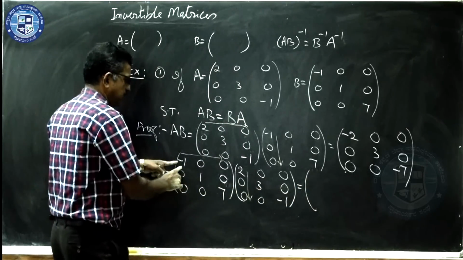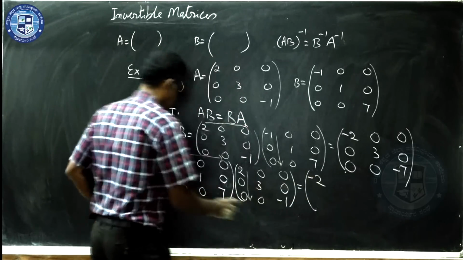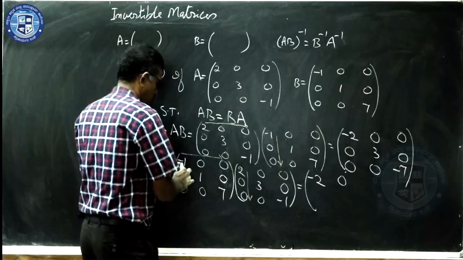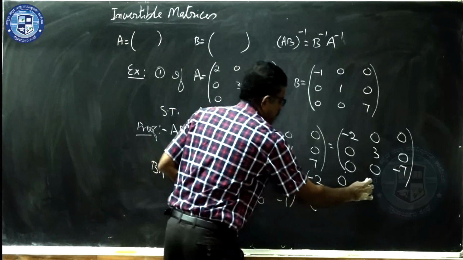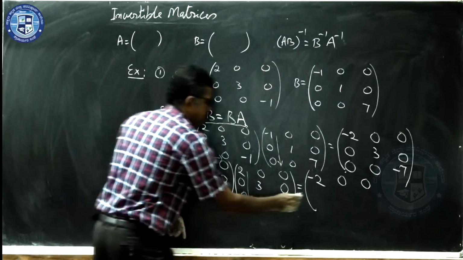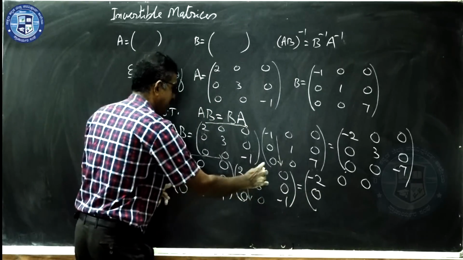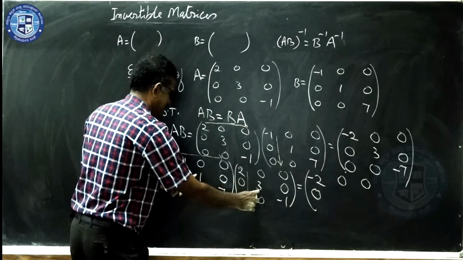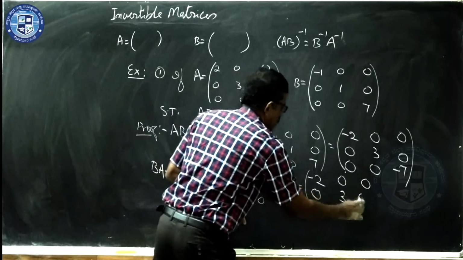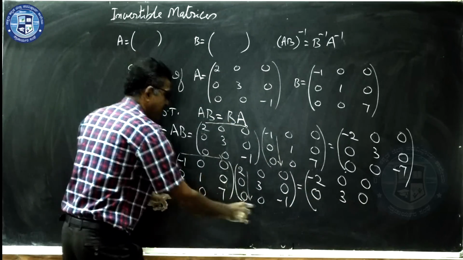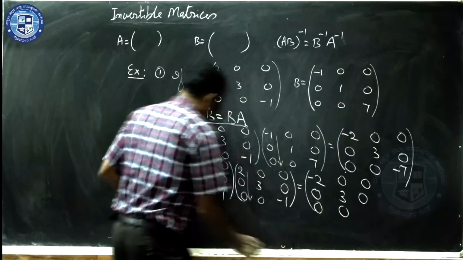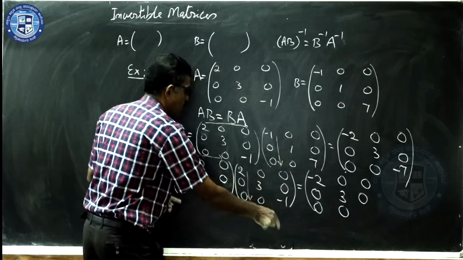First row, first column: minus 1 into 2, it is minus 2. The rest of the first row is 0. Second row with the second column: 0 plus 3 plus 0, it is 3. Second row with the third column: 0. Third row with the first column: 0. Third row with the second column: 0. Third row with the third column: it is minus 7.